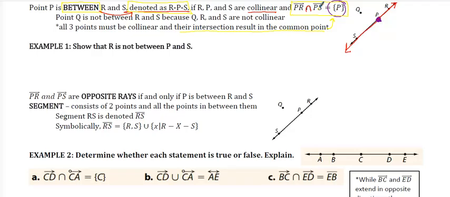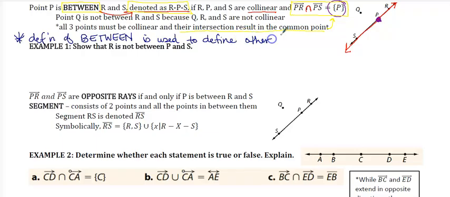But we are going to be using the definition of between a lot. I'm going to write this here so you realize how important it is to maybe make a note card of this vocabulary word. The definition of between is used to define several other terms, and you'll see some today.